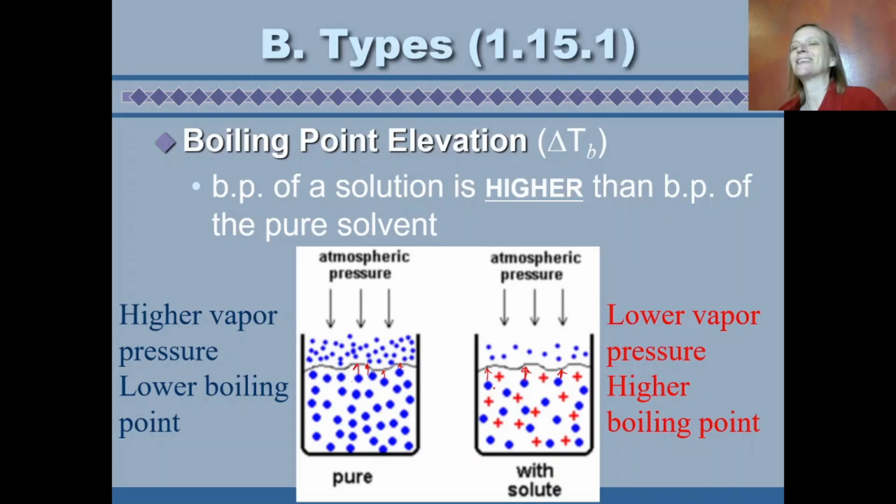So water just has less opportunity to escape as a gas in this picture than it does here. You have a lower vapor pressure, therefore it takes more energy to make this solution boil than it does pure water. You have to raise it to a higher temperature to make it boil than pure water.